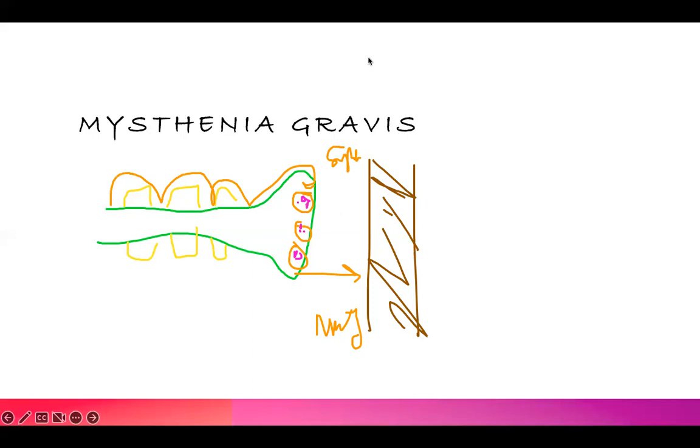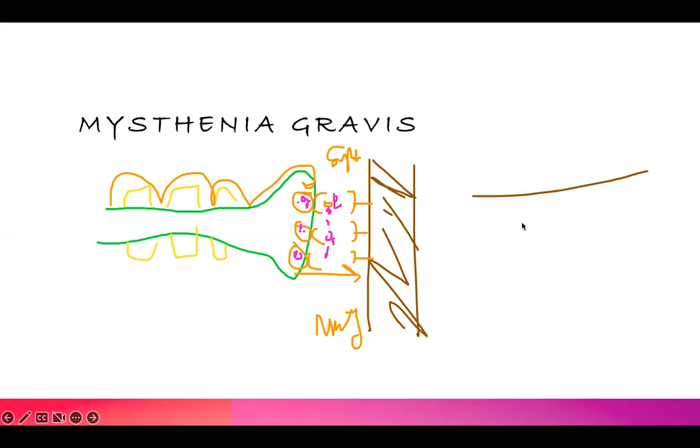The neurotransmitters within the vesicles need to come out. So the vesicles empty their neurotransmitters into the synaptic cleft, which is acetylcholine. And then on the muscle, you have receptors that need to take the acetylcholine back.